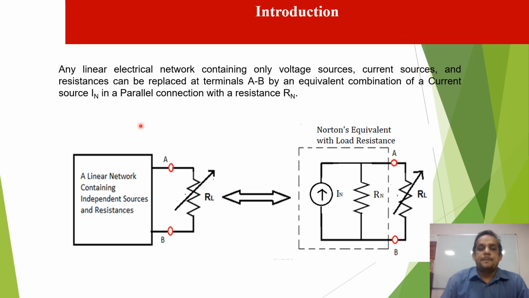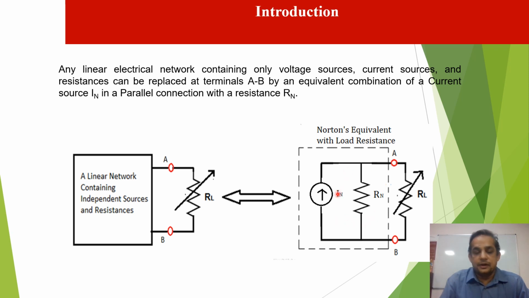Norton stated that any linear electrical network containing only voltage source, current source and resistance can be replaced at terminal AB, this one AB, by an equivalent combination of a current source IN, this one IN, in a parallel connection with resistance RN.